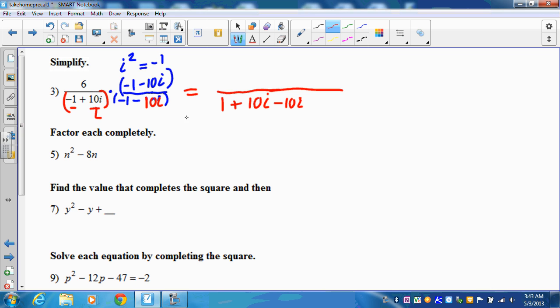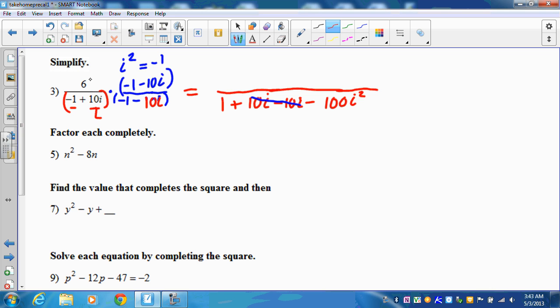And then when you multiply the last term by the last term, you get, in this case, a negative 100i squared. Alright, and of course, these two things will cancel out.